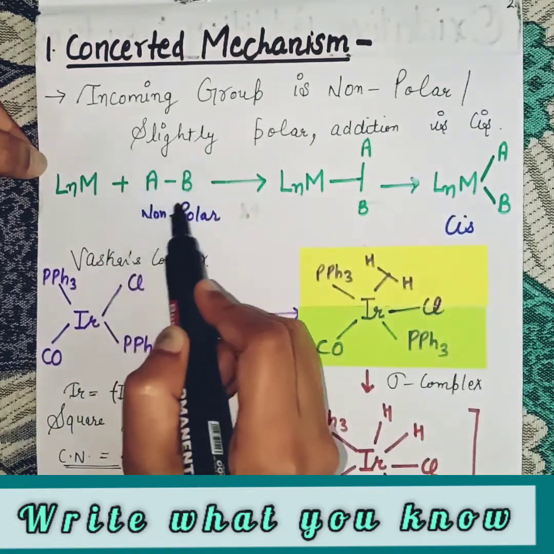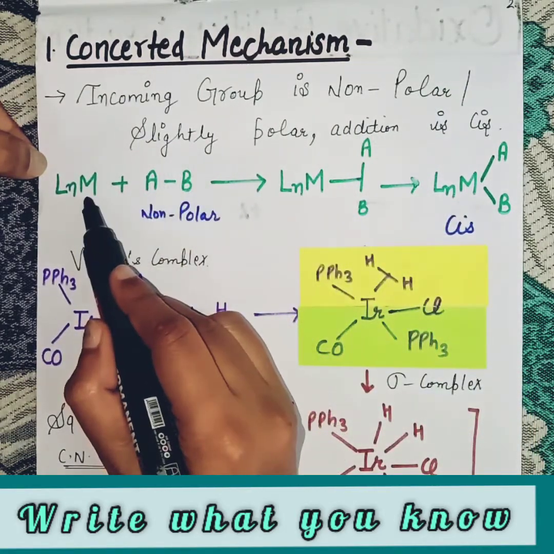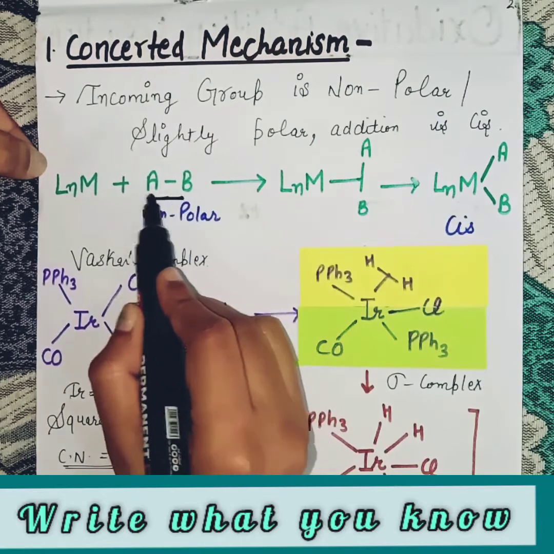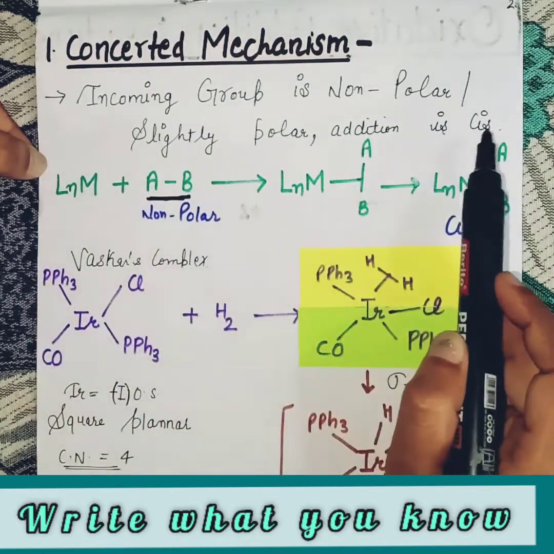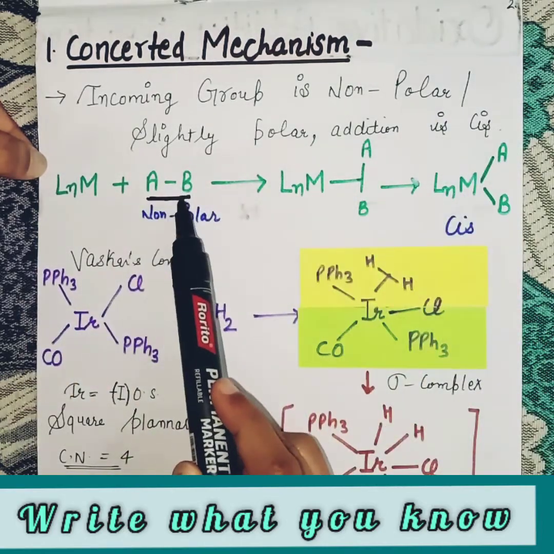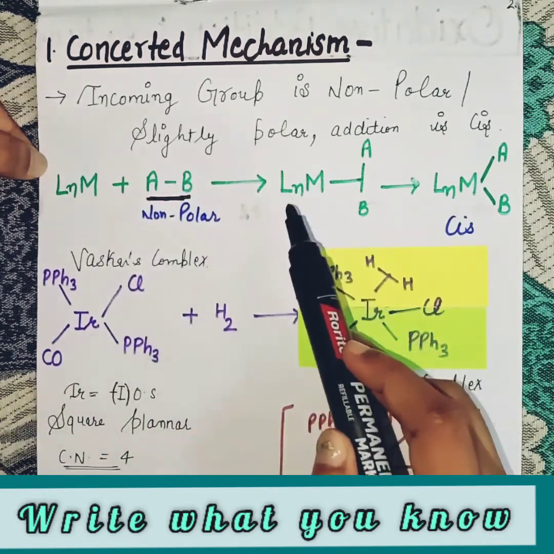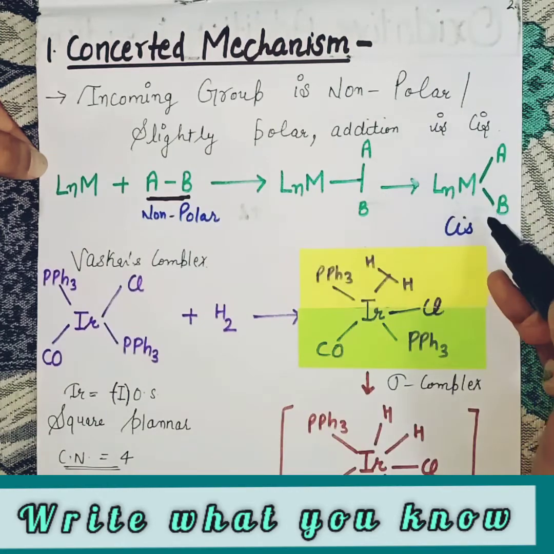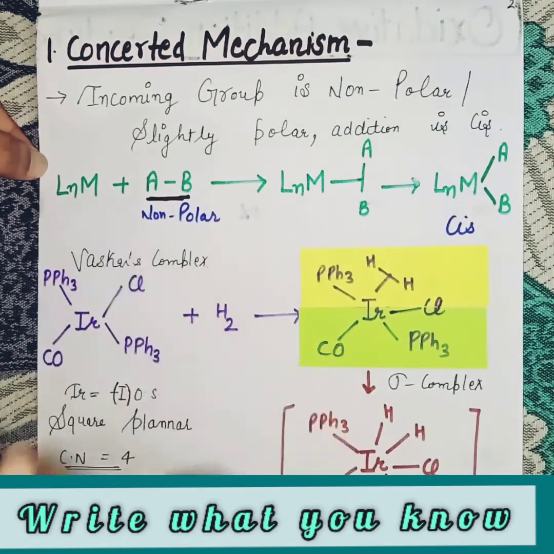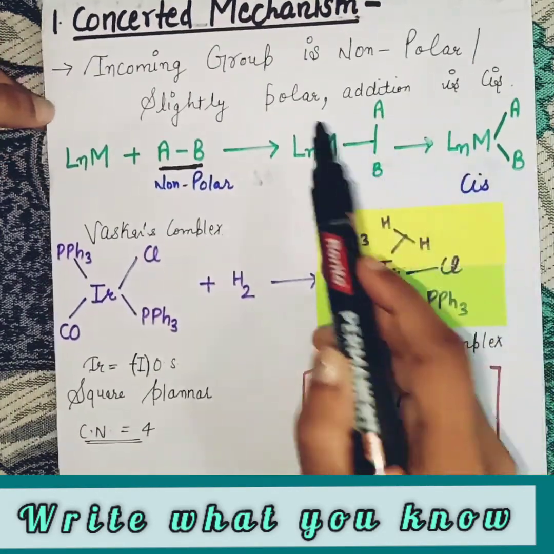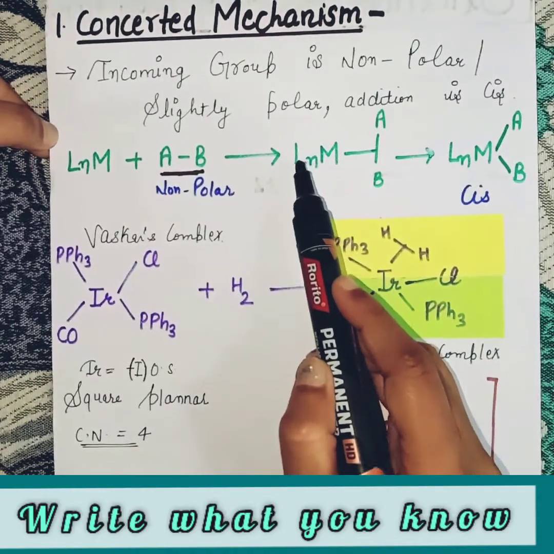The incoming group is the one we introduced to this complex. If it is non-polar, then the addition is cis, and it adds to cis positions in this complex by the concerted mechanism.